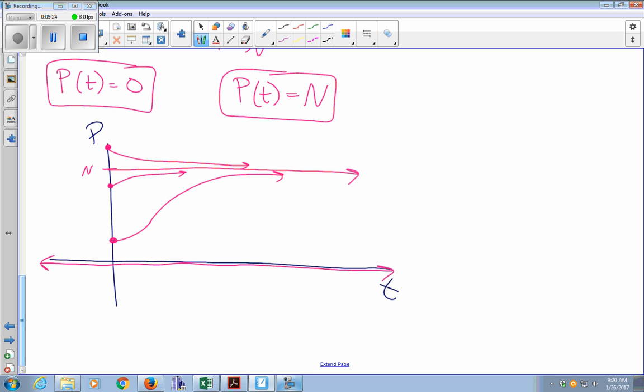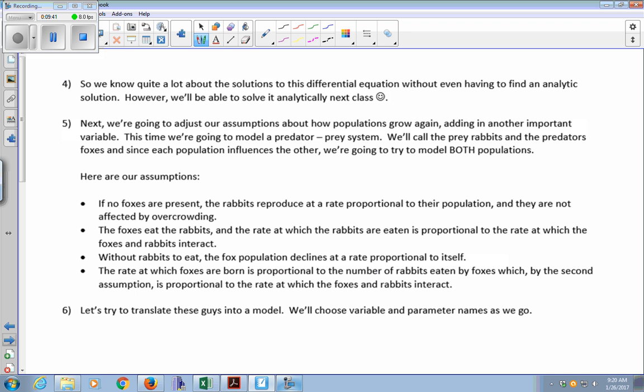Like I don't have a y of t equals some formula with t's in it, but I know exactly what it looks like. So this is called a qualitative solution. So we know a lot about the solutions, even without finding an analytic solution, but we'll be able to solve it analytically next class. Tuesday, we'll come up with a formula for those graphs.